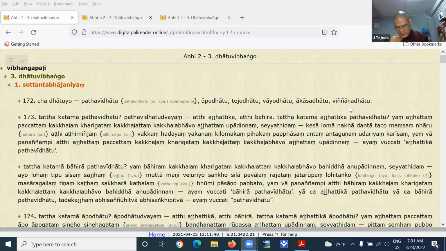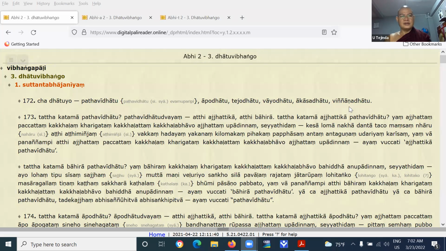So by taking vinnana, the basis and the object that the vinnana depends on also have to be taken. Then we may have 18 kinds of elements. But in this sutta method, the Buddha expounded only 6 kinds of elements instead of 18.